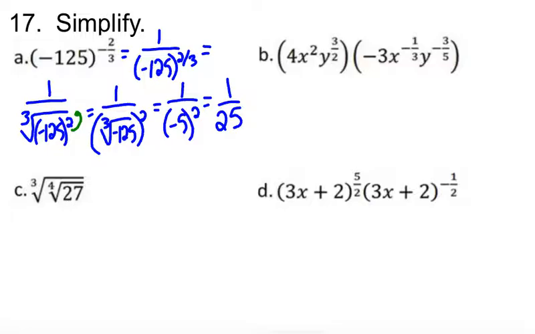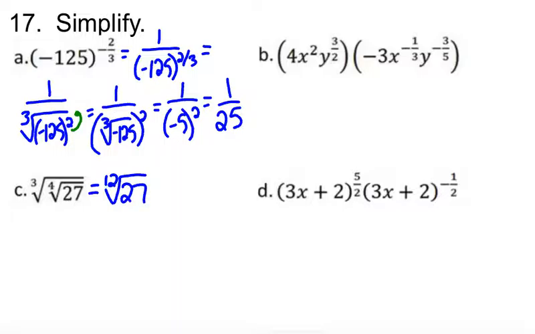Okay, let's look at C before we jump in with all those variables. I don't know what to do with those yet. Okay, we have the cube root of the 4th root of 27. So we can rewrite this. We can multiply our indexes. This is the same thing as the 12th root of 27.